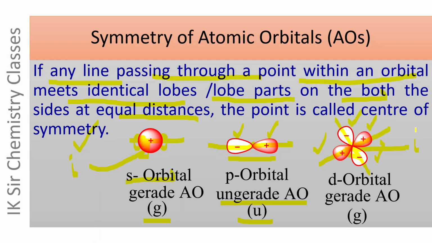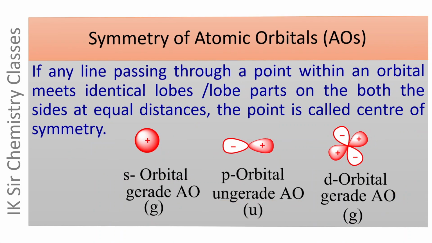This is why the d atomic orbital is a gerade atomic orbital and it can be represented by g. The s orbital is gerade, the p orbital is ungerade, the d orbital is gerade, and try to find out the symmetry of the f atomic orbital, whether it is gerade or ungerade.